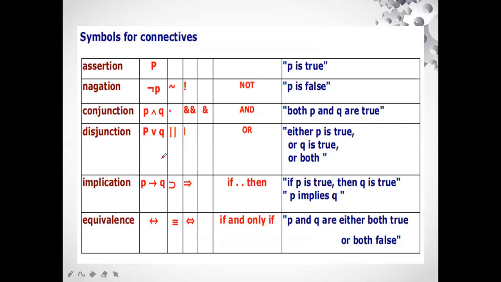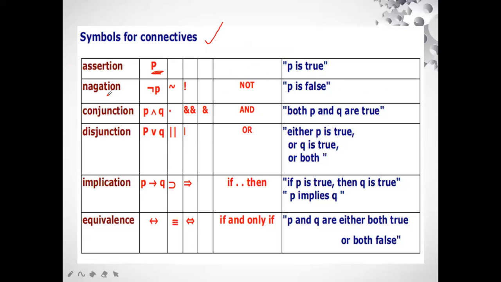Okay. Now moving further, there are symbols for connectives. We have a number of connectives. First one is the assertion. Assertion is simple, without any symbol. If P is there, this means assertion, that means the value of P is true.